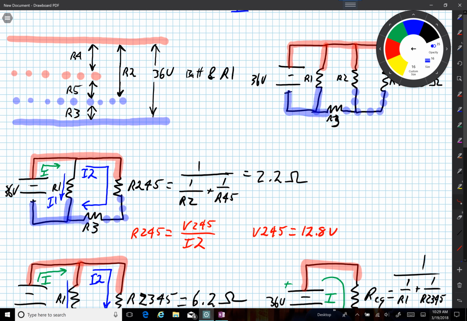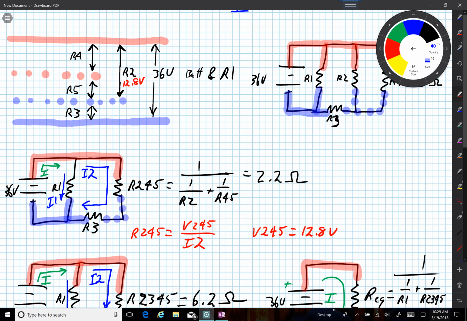I don't see that resistor in this diagram, but it's okay. I see the color combination of solid red to dash blue. And that's the same in all diagrams. And that voltage I now know is 12.8 volts. So I'm going to put that in here. This is 12.8 volts. That's solid red to dash blue.